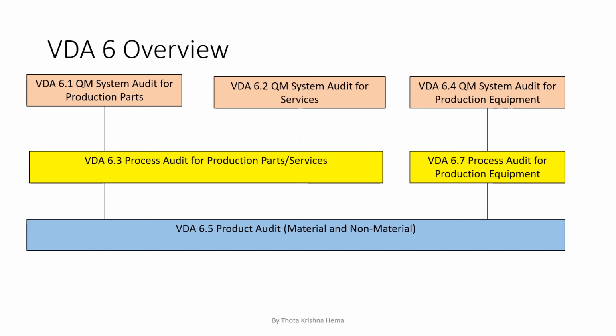So as an outcome of all this, production parts, services, production equipment, altogether we have 6.5 as a product audit. First one is QMS, second one is process, and the third one is product.